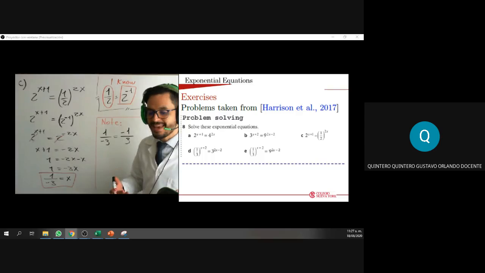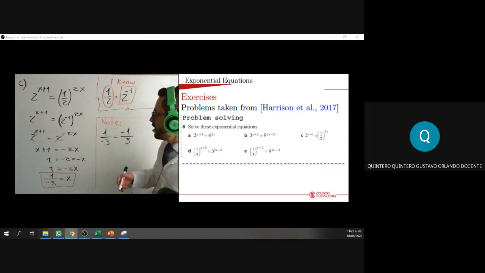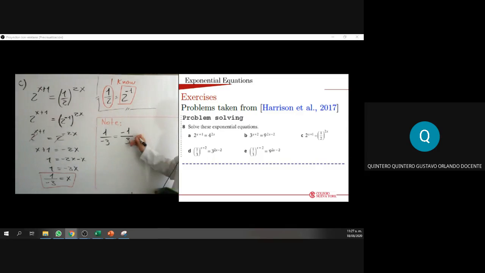Just like Tefa is saying, sometimes in mathematics we don't agree, and we don't have to put it down or up. We can put it right in the middle. This is the same as 1 over 3. No negative, but a negative in the middle. That is correct.